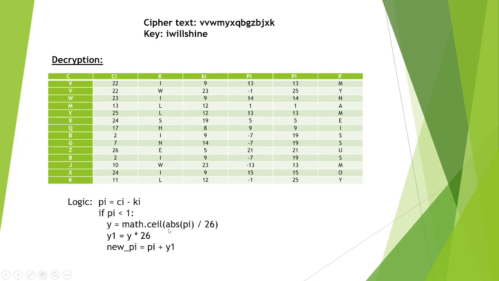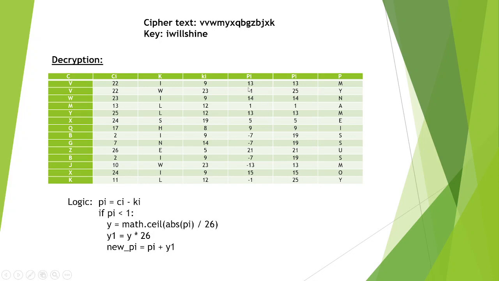But how can we do this modulus? I will explain it here. First of all, we write y equals math.ceil of abs PI divided by 26. What does it mean? First of all, you need to take the PI value. Why do I write abs here?